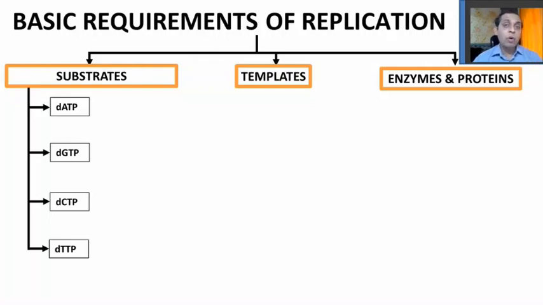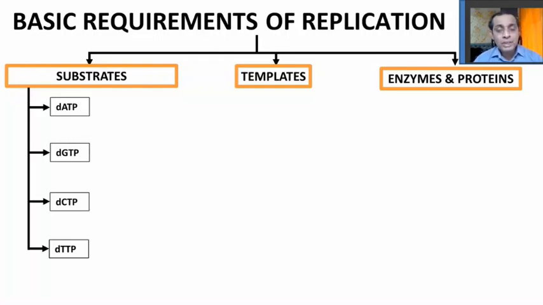In the activated form, they are not monophosphates. As you can see, they are actually triphosphates. So instead of deoxyadenosine monophosphate, the activated nucleotides here are deoxyadenosine triphosphate and so on. These are the substrates.